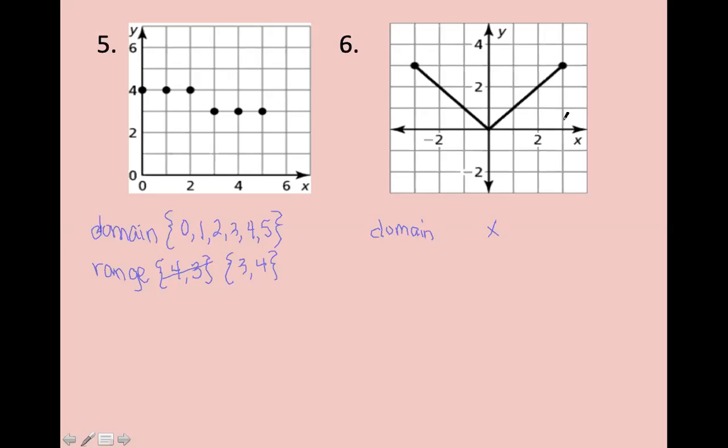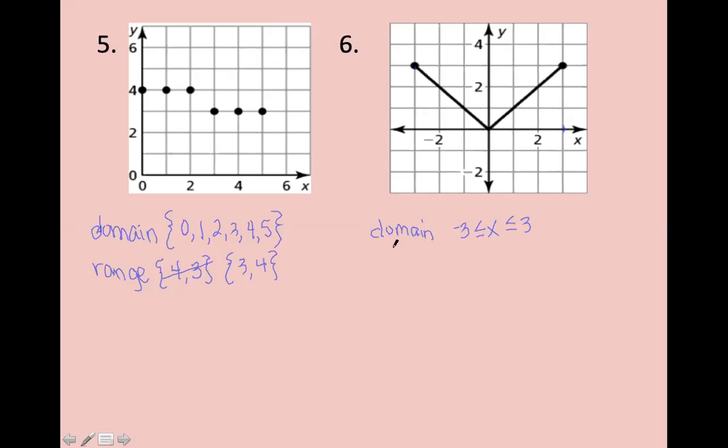My largest X value would be this coordinate of this point, which is 3. So it looks like X is less than or equal to 3 on the right. On the left side, the smallest X value, the furthest this graph goes to the left on the X-axis, is -3. So my domain is all numbers between -3 and 3.